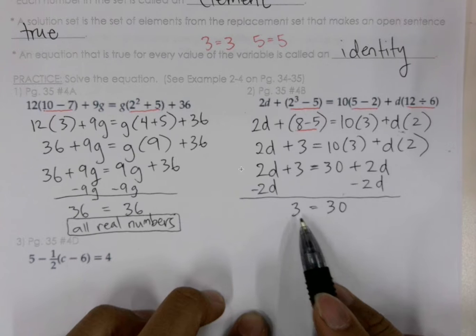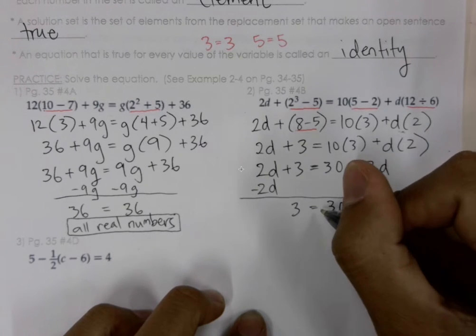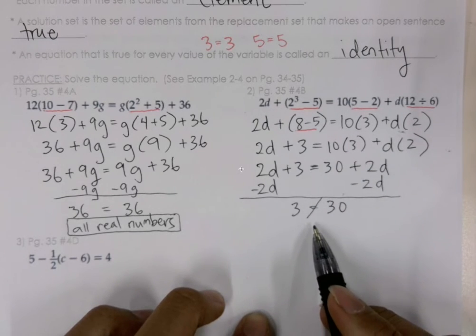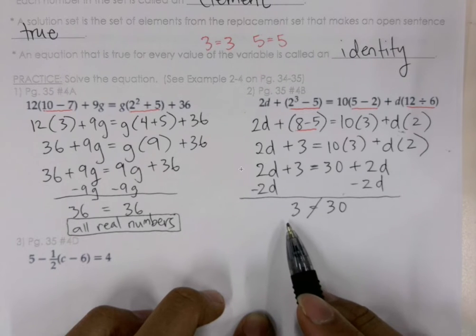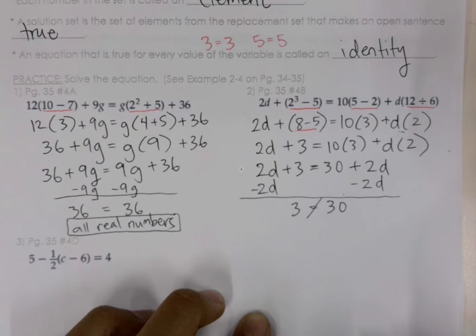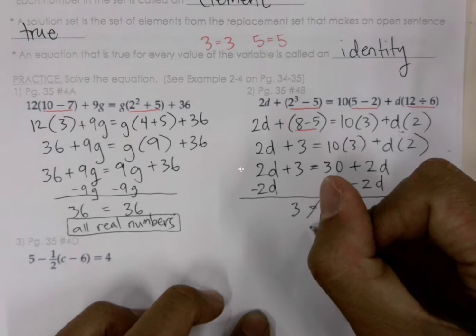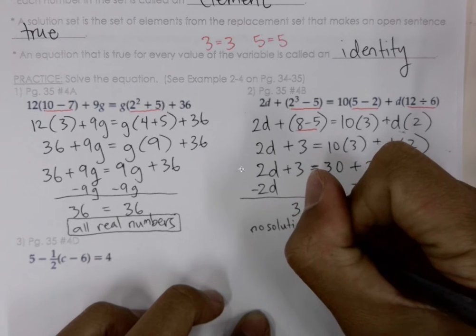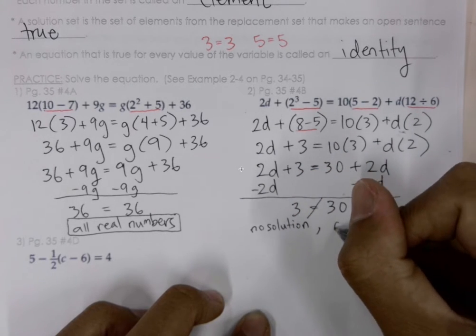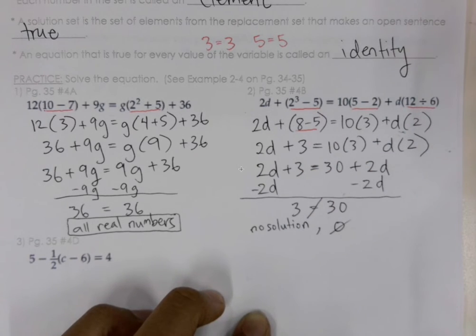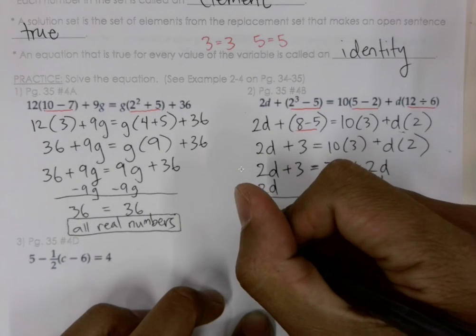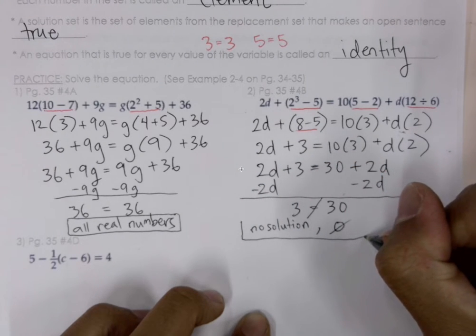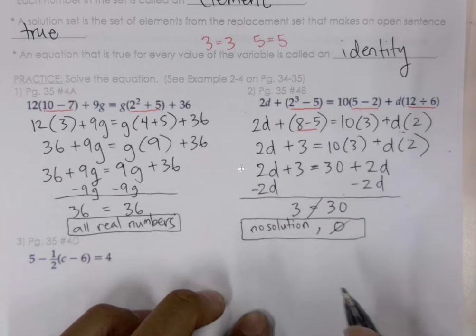Now 3 is not equal to 30. I'm going to put a line through the equal sign, signifying that 3 is not equal to 30. And the answer here is no solution. So we can say no solution, or we can say empty set. A 0 with a line through it. So let me go ahead and box this answer.